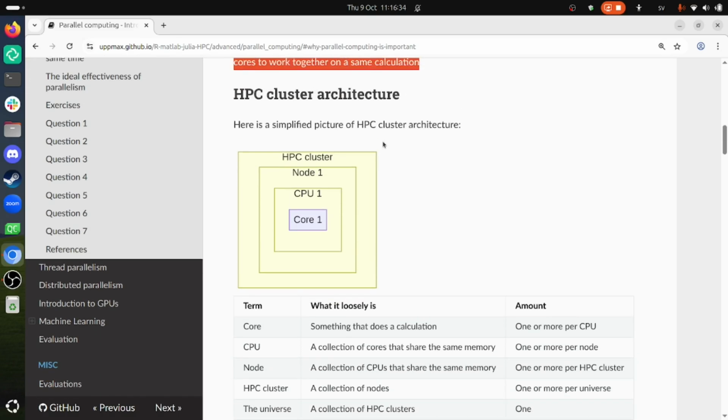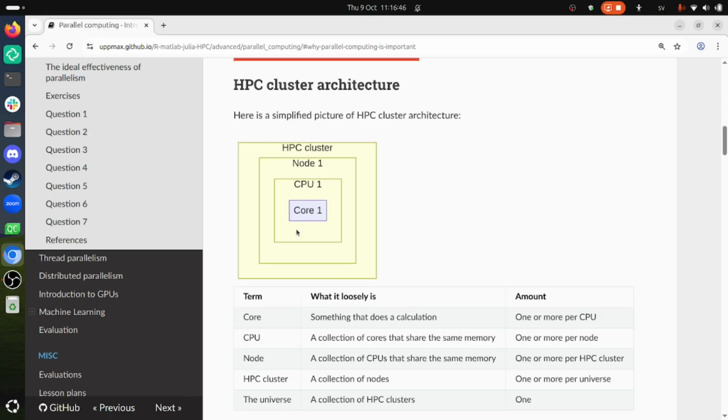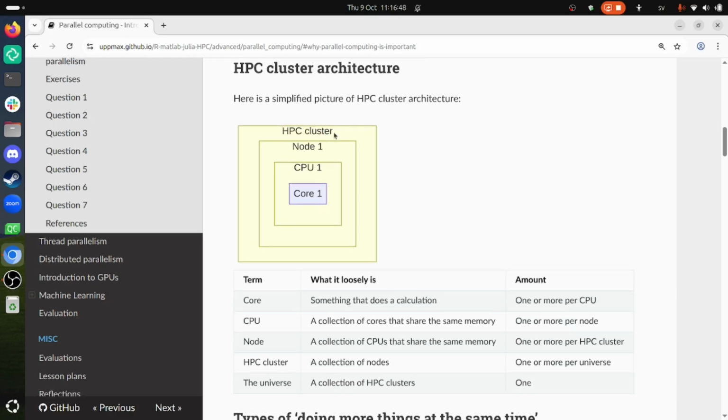To make sure we use the same terms here, I'm going to go through this diagram, going from big to small. What about HPC cluster architecture? An HPC cluster is the unit we're working in this course, but I'm going to start with the smallest thing. A core is something that does a calculation.